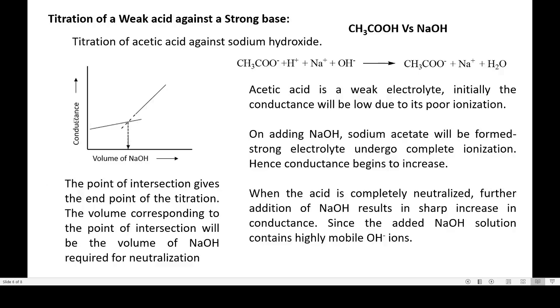Thus, in the plot of conductance versus volume of sodium hydroxide, two straight lines are obtained which intersect at a point corresponding to the end point, and the volume of sodium hydroxide corresponding to this point of intersection is the volume of sodium hydroxide required for neutralization of acetic acid. This is how the end point is determined from the graph.